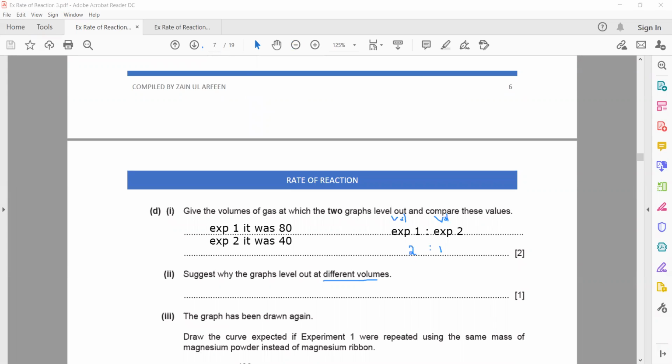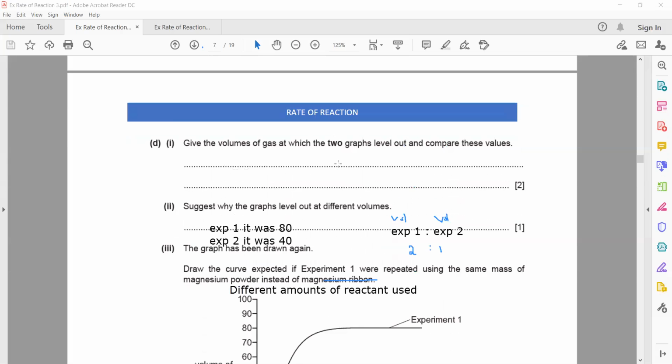So a different amount of reactant was used. That's why they level out at different volumes. If the same amount of reactant were used, then they would level out at the same volume.